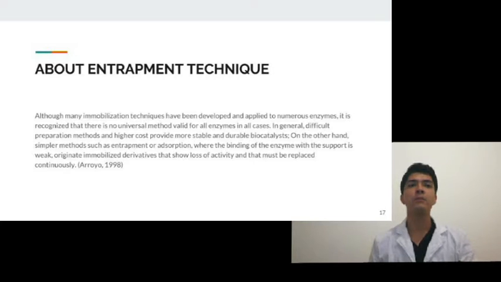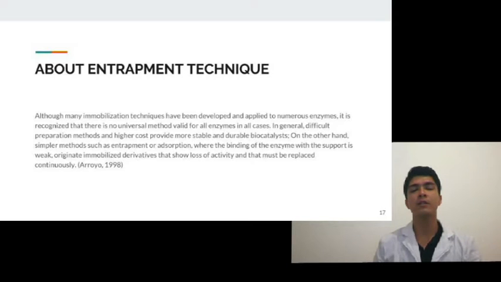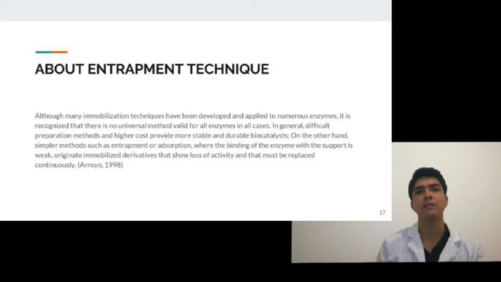About the treatment technique. Although many immobilization techniques have been developed and applied to numerous enzymes, it is recognized that there is no universal method valid for all enzymes in all cases. In general, more elaborate preparation methods and higher costs provide more stable and durable biocatalysts.